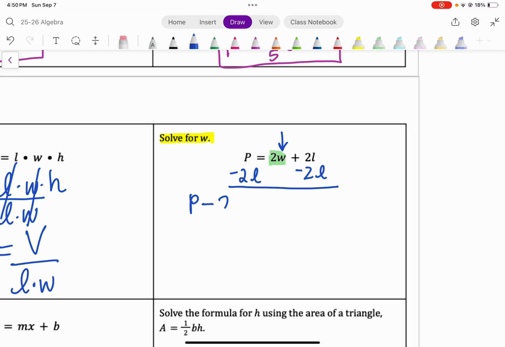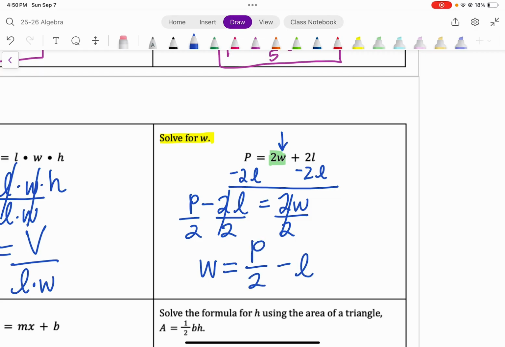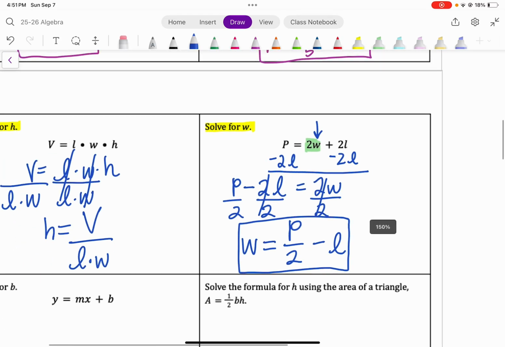So P minus 2L equals 2W. And we want to get W alone, so we want to divide everything by 2. So those 2's will cancel and those 2's will cancel. So the width is the perimeter divided by 2 minus the length. I always use a cursive L so it doesn't look like a 1.